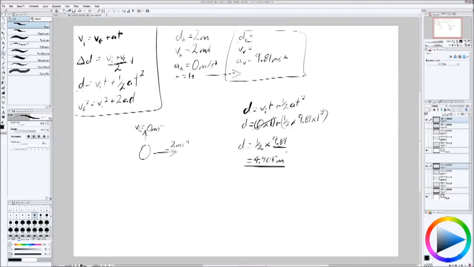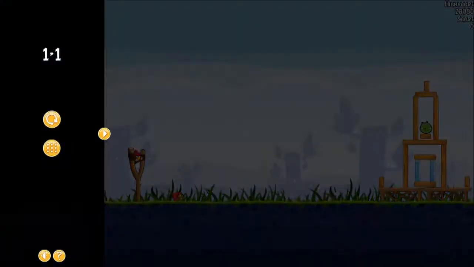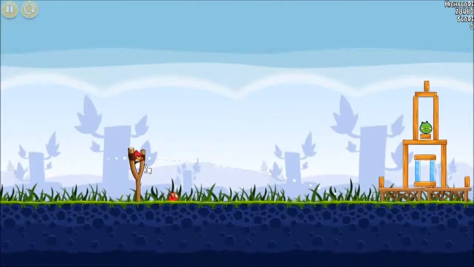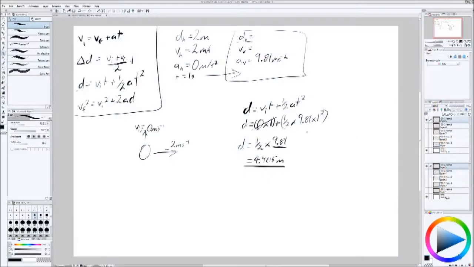Given that if we go back to Angry Birds, that distance is closer, in fact, to maybe a fifth. That height there is maybe a fifth of the distance that travels. We then realize, okay, it's actually not using Earth gravity.